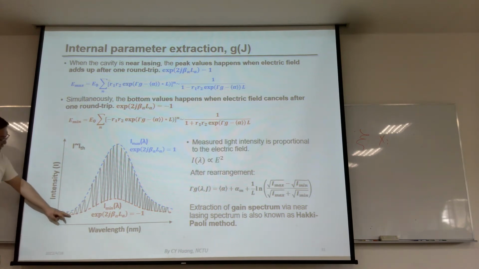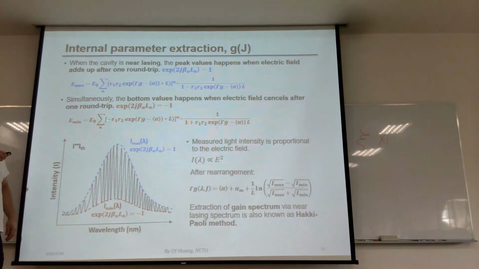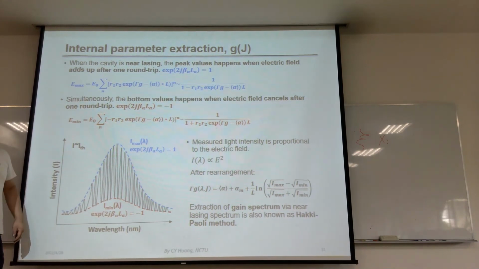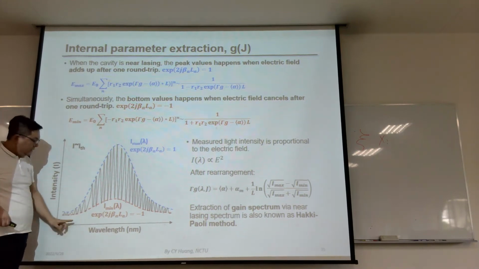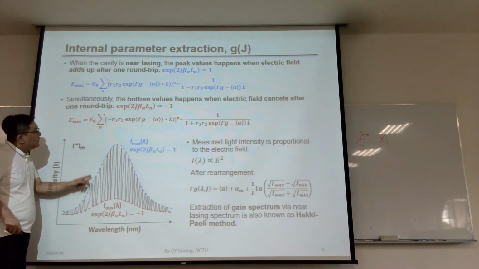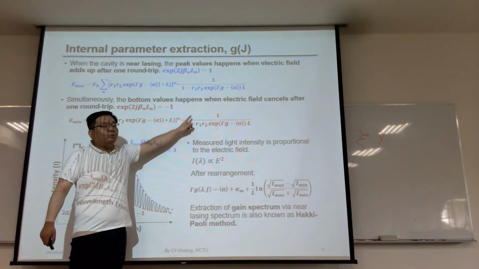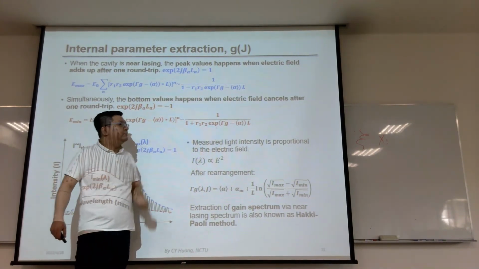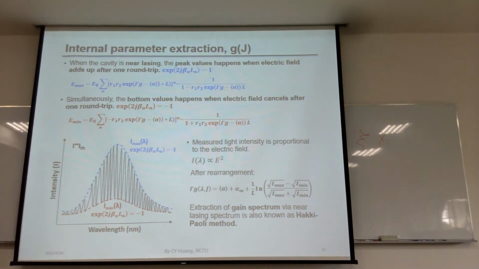For the lower limit, the round trip has a -1 here. So the total field at the lower envelope is equal to 1 over 1 plus R1 R2 exponential (Γg minus α)L.